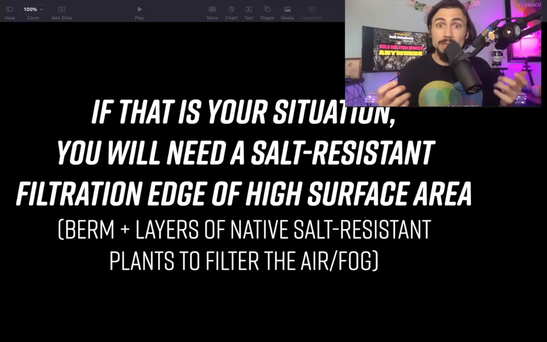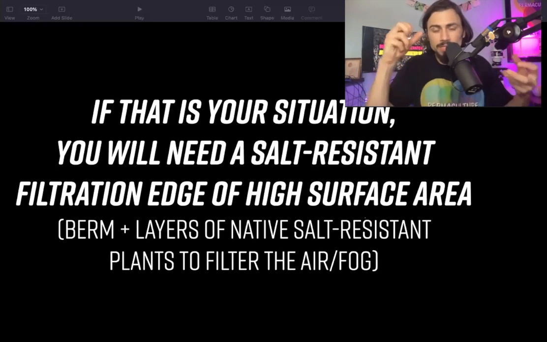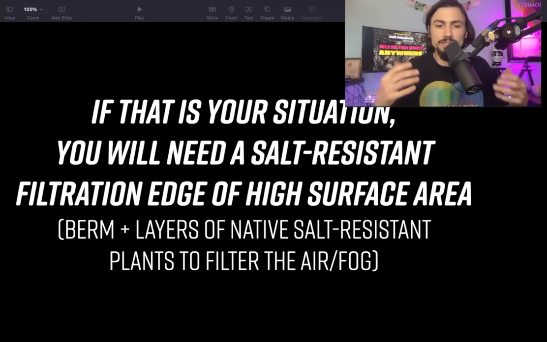The ultimate is the fir trees, the pines, the needles, the conifers. But it has to be salt resistant and native to your area because it's got to tough it out and take the hit for your plants further on into your system. How close you are determines how thick this interference layer has to be.